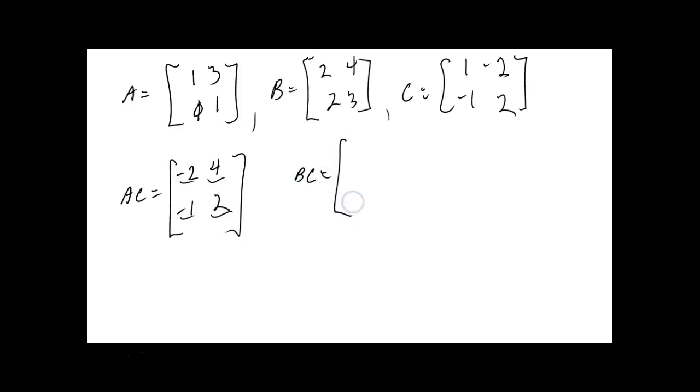Well, BC is 2 by 2 times 2 by 2, so it's also a 2 by 2. The 1, 1 entry is first row of B times first column of C. That would be 2 minus 4, which is minus 2. The 1, 2 entry, first row of B times second column of C, is minus 4 plus 8, which is 4.